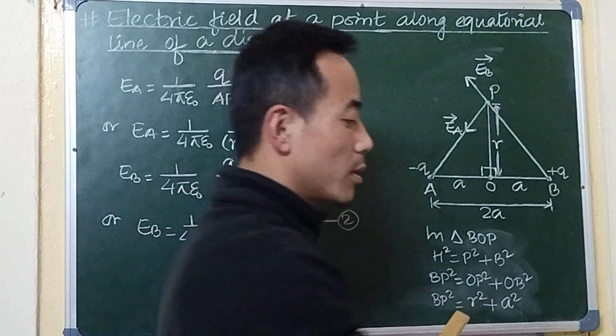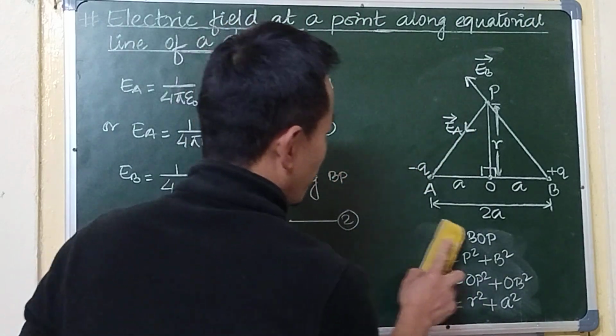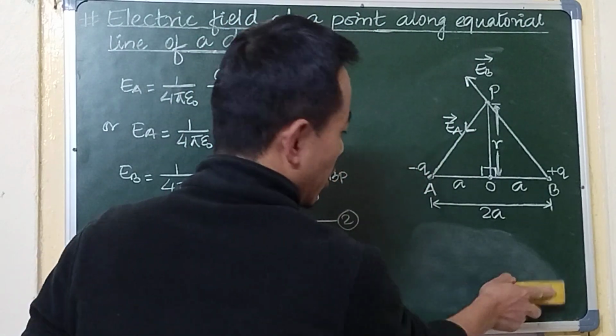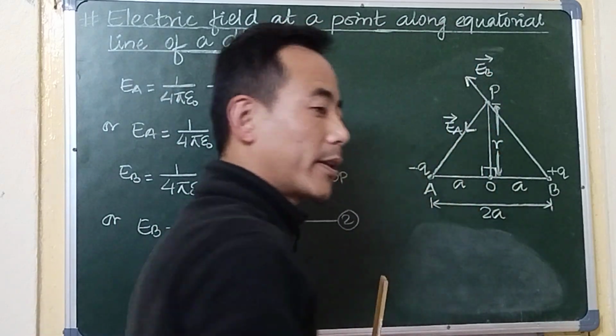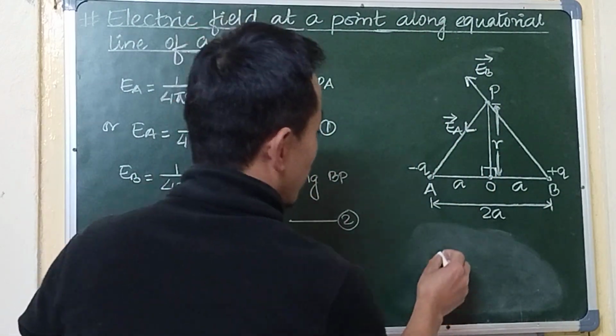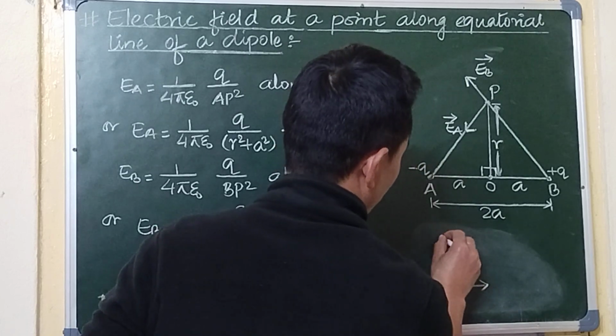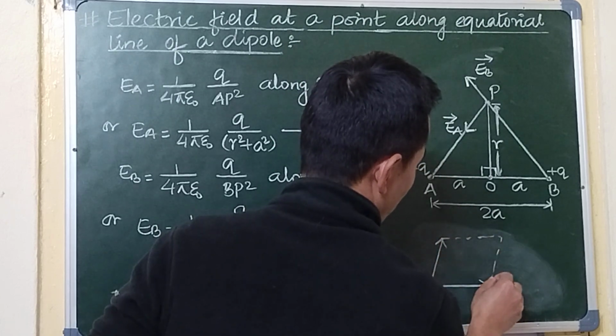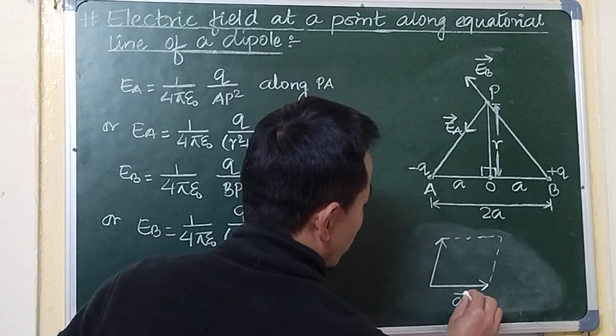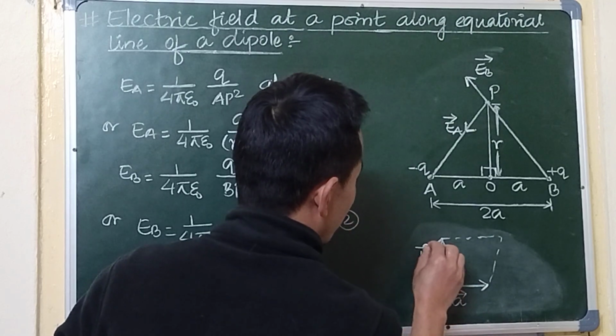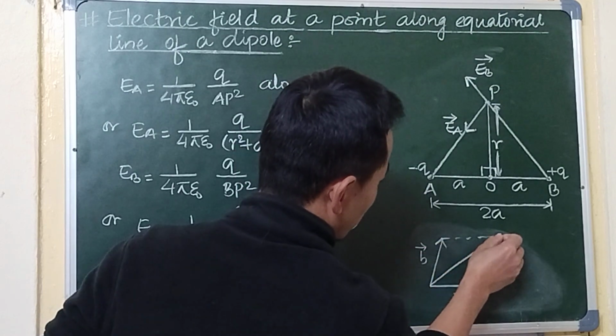So here we will use the concept of vector addition. In class 11, we have the parallelogram law of vector addition, which says that if two sides of a parallelogram acting at a point represent the two vectors both in magnitude and direction, then its resultant is given by its diagonal.